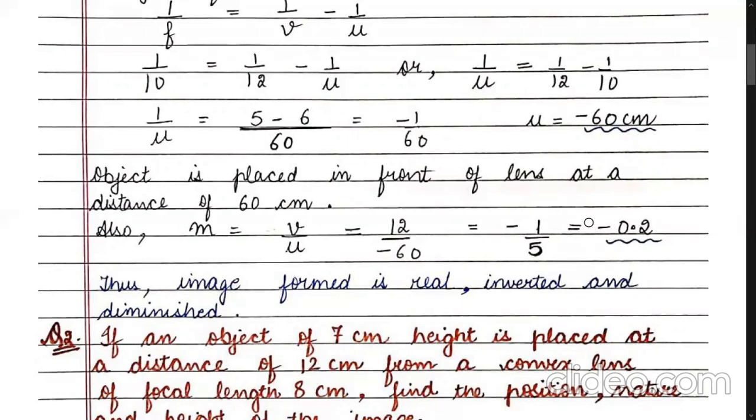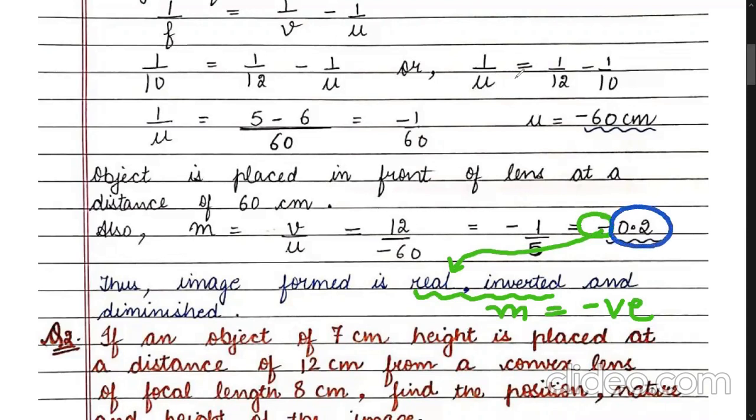Now students, again, this negative sign in magnification represents that the image is real and inverted. If magnification comes out to be negative, that means the image is formed real and inverted. And see the numeric value, which is also known as magnitude.